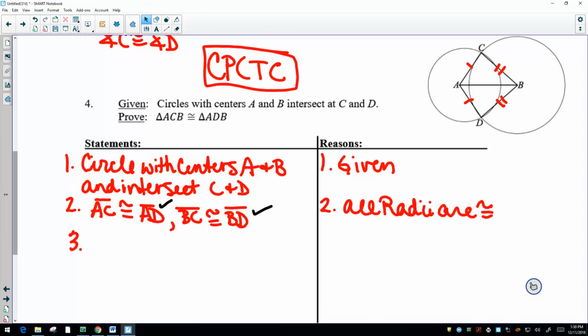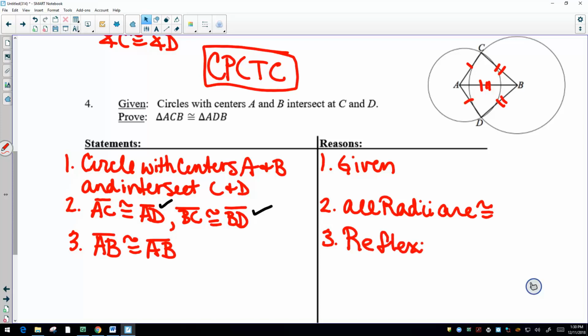So looking at the picture, looking at our triangles, I can see that they share a side. They have a common side here, side AB. So we have that reflexive property that would allow us to say AB is congruent to itself. So here's our reflexive property. That's our third congruent statement.